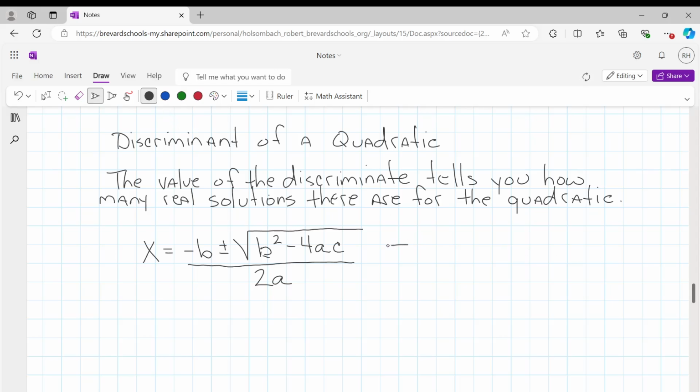The b squared minus 4ac, the value of b squared minus 4ac, this in here, is the discriminant. Not the square root of it, just whatever value there is left under the radical when you square b and you subtract 4 times a times c from it. Okay? That is the discriminant.